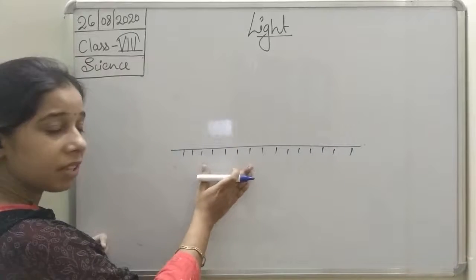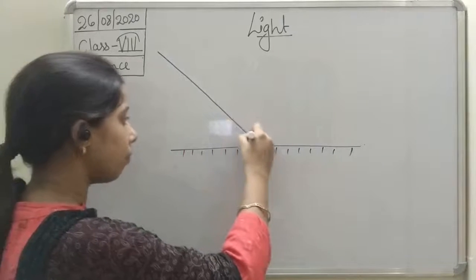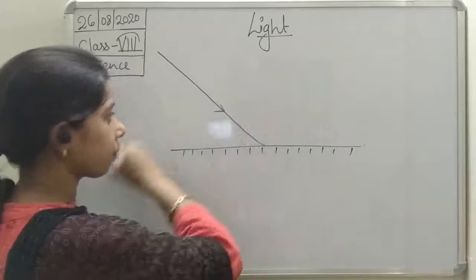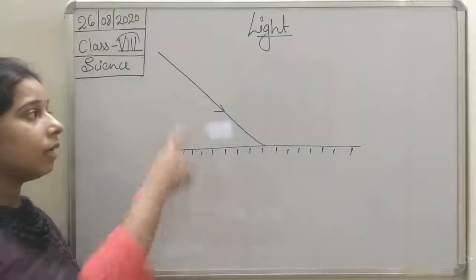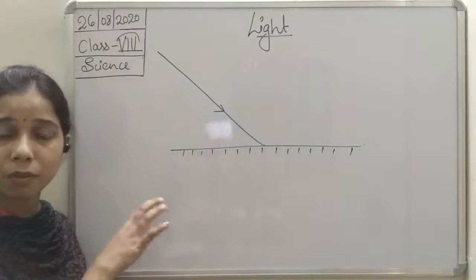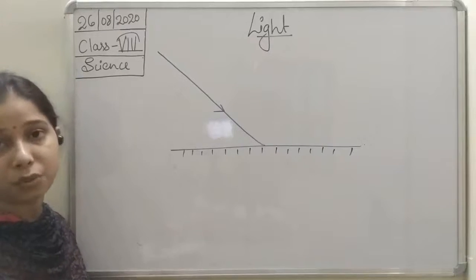This is the smooth surface, this is the back side of that surface, okay? And here a ray of light falls on it. So when a ray of light falls on it, this ray must have some name, students, and that is the incident ray.